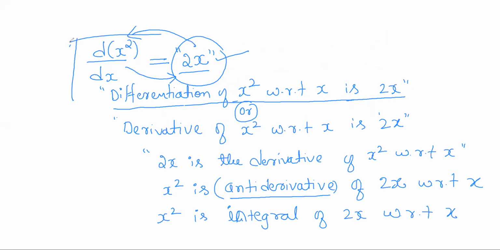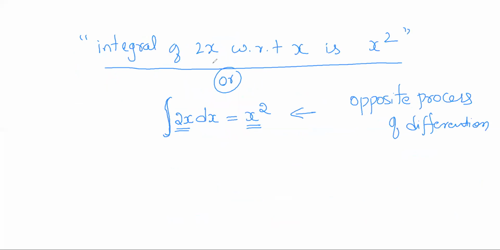And using the same idea, we write the integral of 2x dx is x square, because when we differentiate x square, we get 2x.